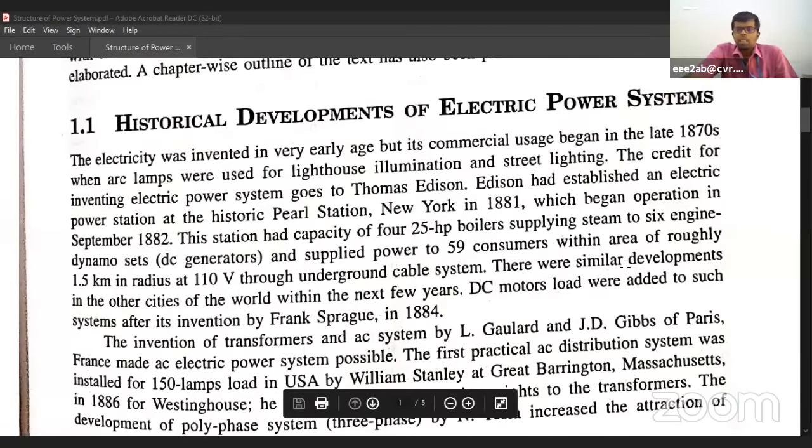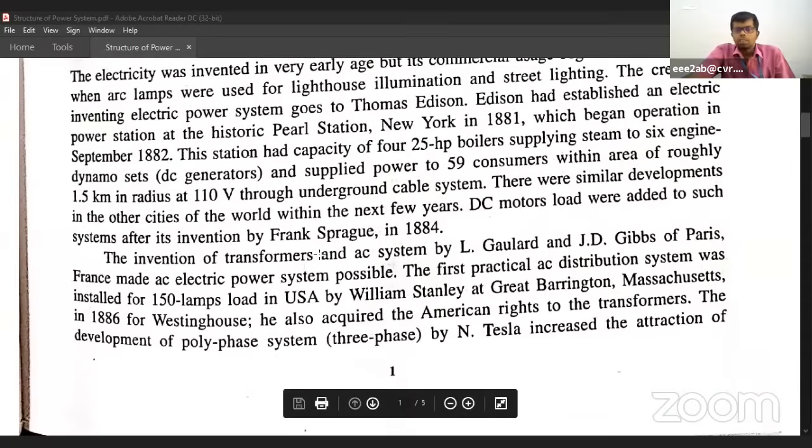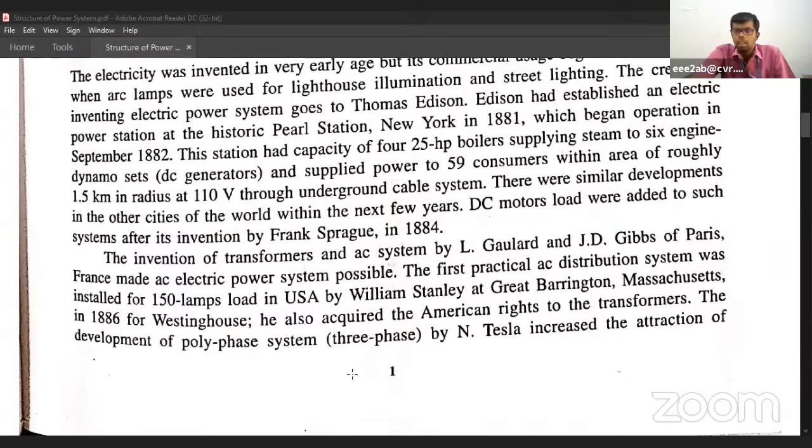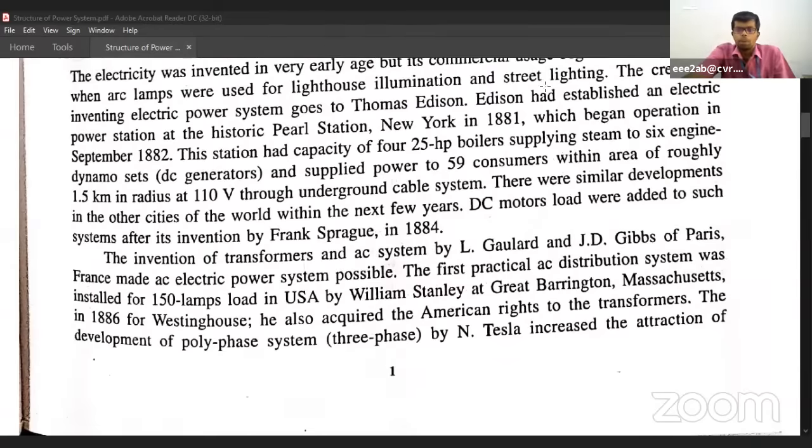There were similar developments in other cities. A few years later, DC motor loads were also added to such systems, after the invention of Frank Sprague in 1884. Then the invention of transformers and the AC system by Gaulard and J.D. Gibson of Paris, France, made an AC electric power system possible.